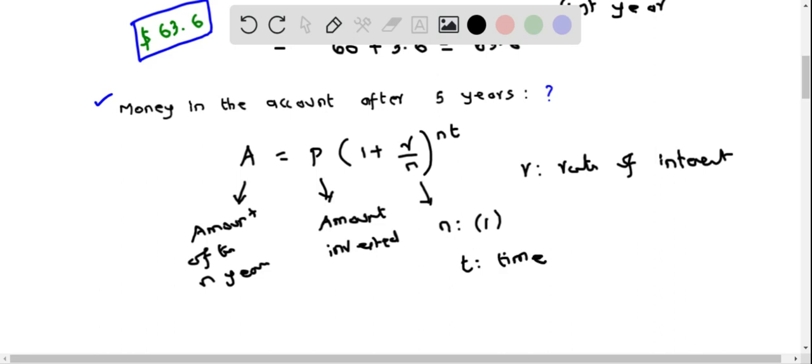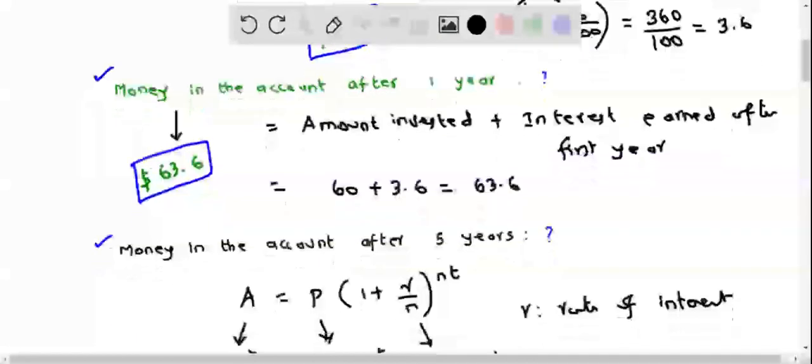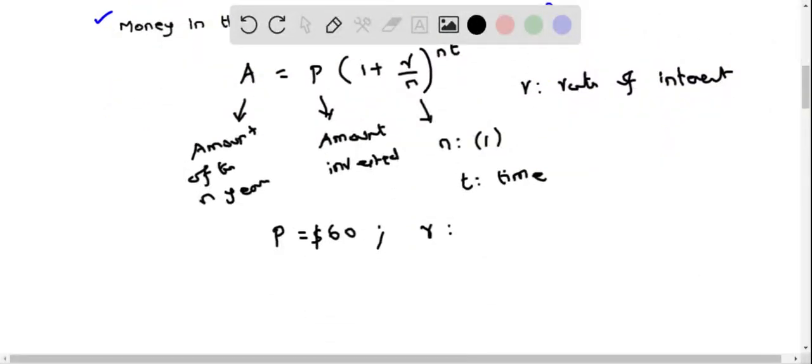So let's plug in the values of P, R, N, and T. Here P equals $60. That is, this is the amount invested, and R is the interest rate, which is 6%. So we have to put this in decimals. 6% equals 6 divided by 100, and so this equals 0.06, and n is the number of times the amount is compounded.